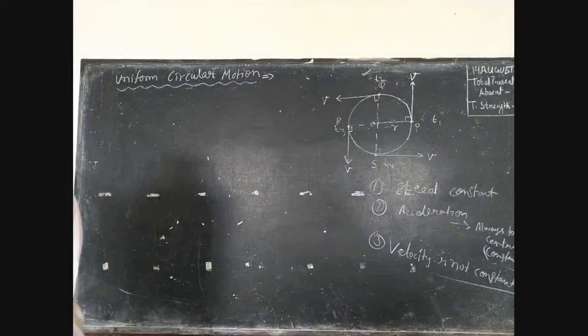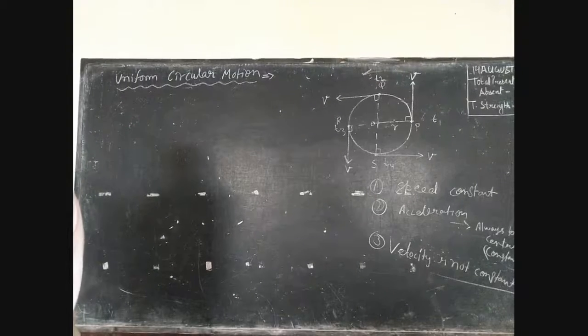Here students, it is very clear, because it is doing a constant speed motion. That means it covers equal arcs in equal intervals of time.